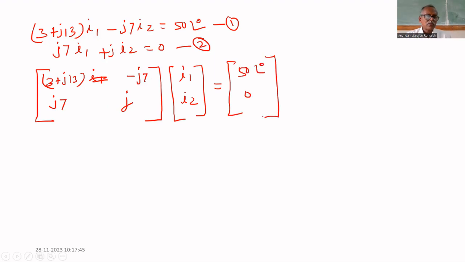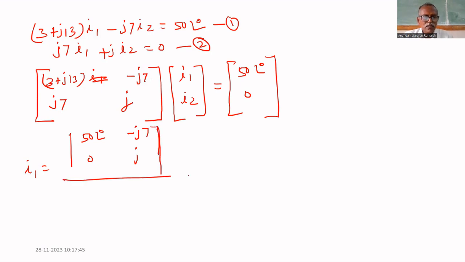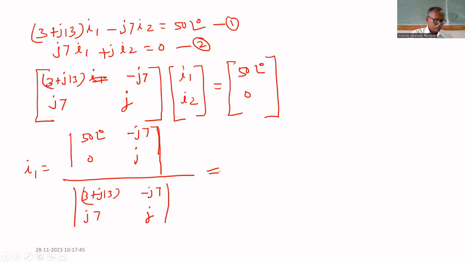Find I1, I2. I1 equals the determinant of [50 angle 0, minus J7; 0, J] divided by the determinant of [3 plus J13, minus J7; J7, J].